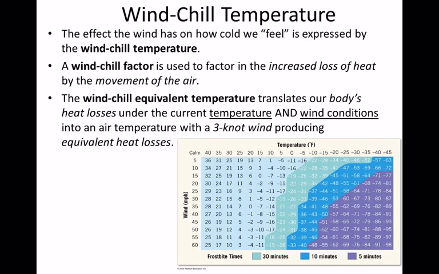So I'm just trying to check out the current temperature. 5 miles per hour, and it's about 25 or so.